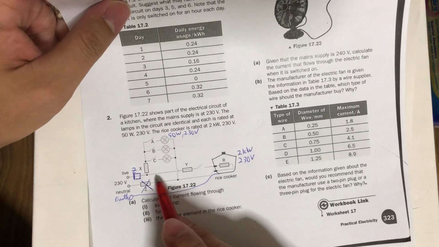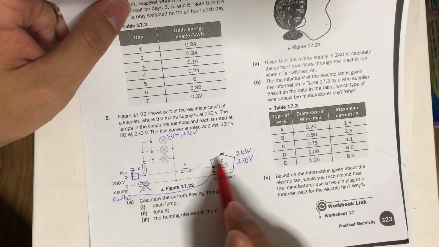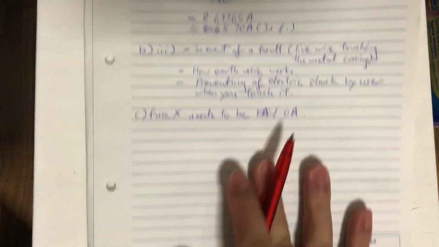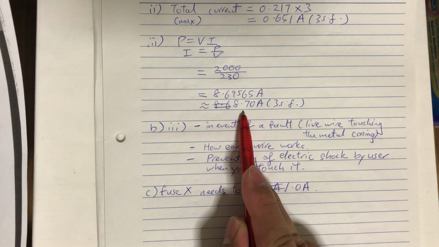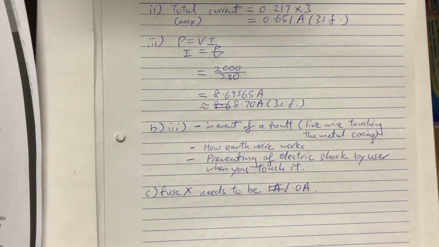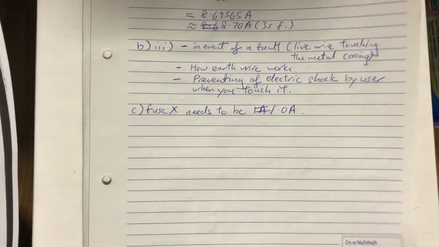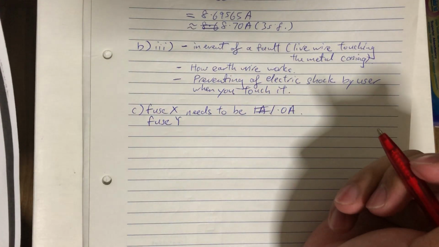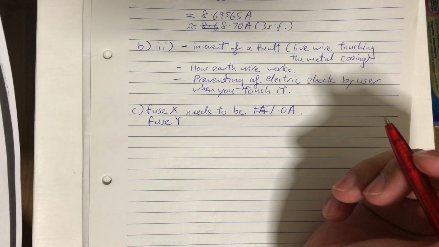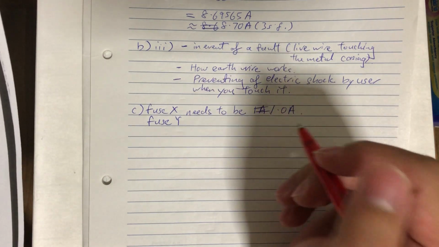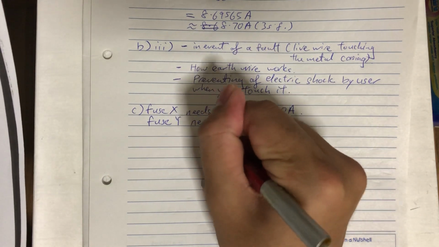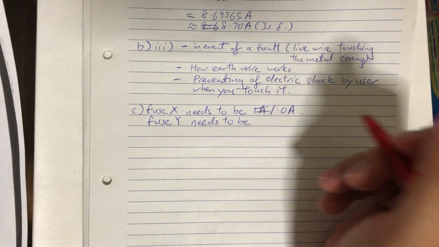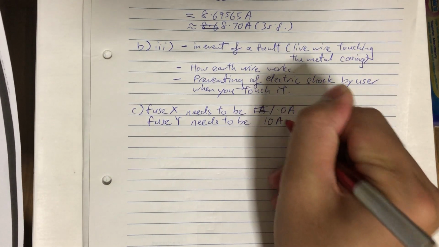Fuse Y is just on the live wire leading to the rice cooker, so I need to know how much current the rice cooker actually needs. Based on previous calculation, the rice cooker is 8.70 amperes. You need 8.70 amperes. So based on our options, the fuse Y needs to be, if I remember correctly, there's a 10 ampere option.